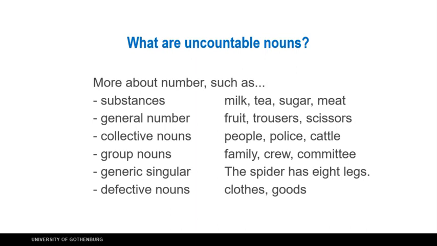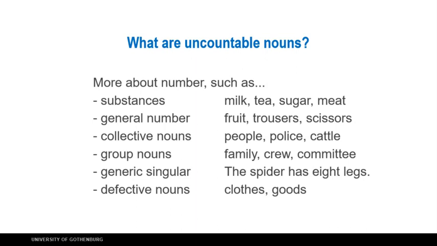There are these words denoting substances such as milk, tea, sugar. There are some words that have general number. They have the one form that may be used both to denote a single object and to denote many objects.